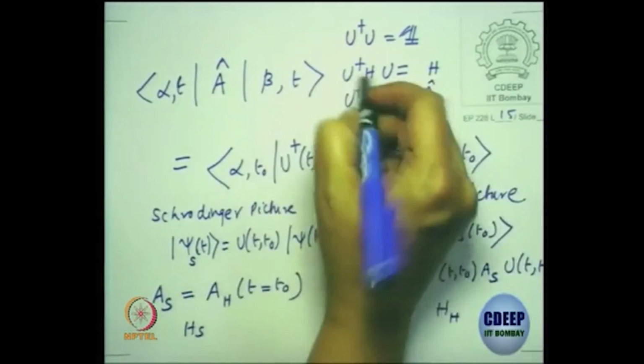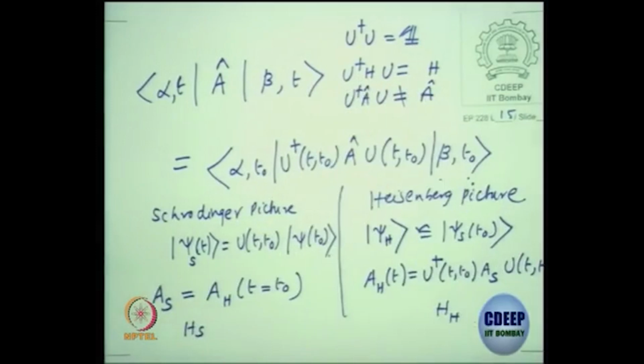So because of this property, you can show that U dagger H U is the same as H. Hamiltonian is the same in both the pictures, but other operators in Schrodinger picture don't evolve in time, whereas they evolve in time dictated by the time evolution operator.